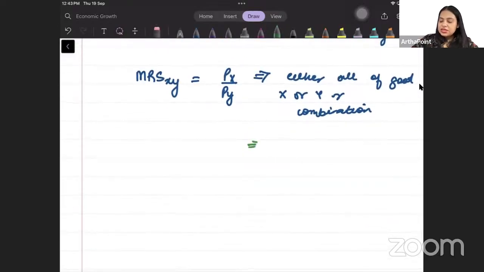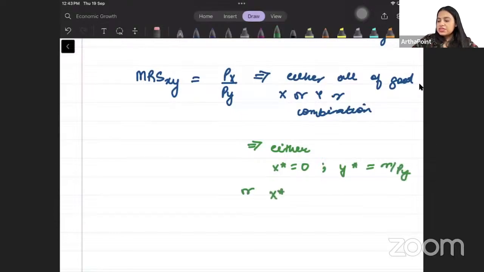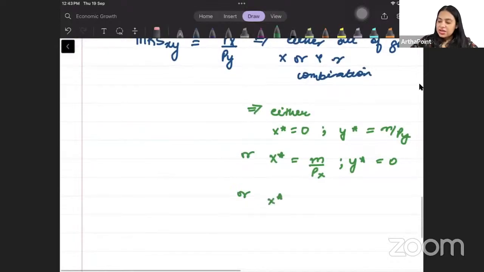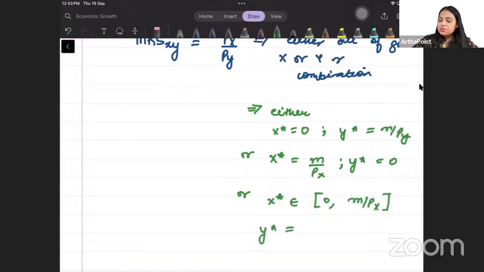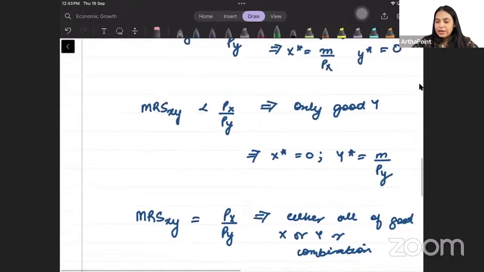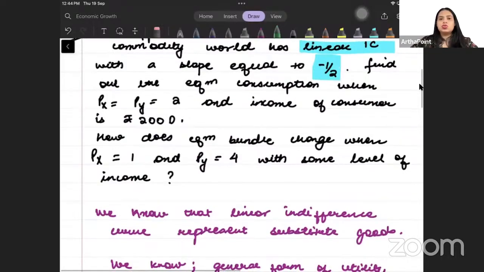It means that either X star is 0, Y star is M by Py, or X star is M by Px, Y star is 0, or you can have X star any value in between 0 to M by Px, and Y star will be the money spent on the remaining amount. When we have consumed X, the remaining can be Y. So you can elaborate this a bit because this is a 10 marks question.